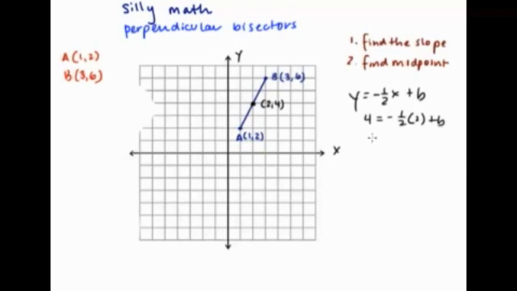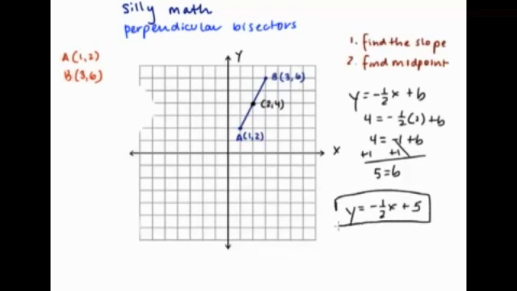We can solve for b, right? So this would be 4 equals negative 1 plus b. Add 1 to both sides. You get 5 equals b. So what's our y-intercept? It's going to be 5. And there you have it. We have our equation: y equals negative 1/2 x plus 5.